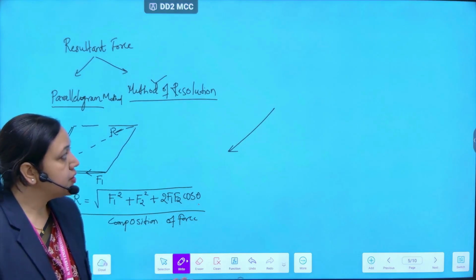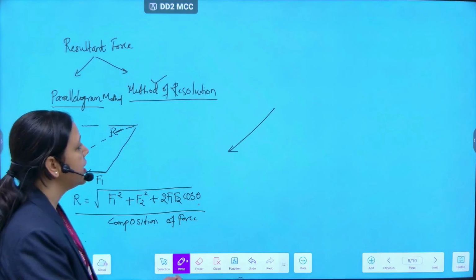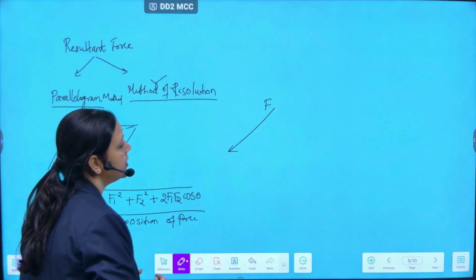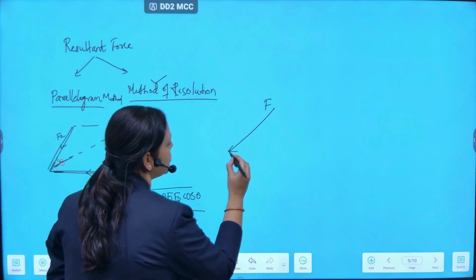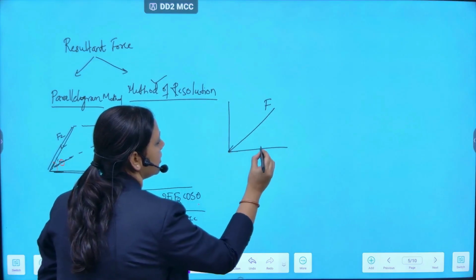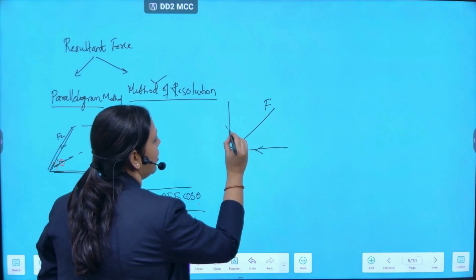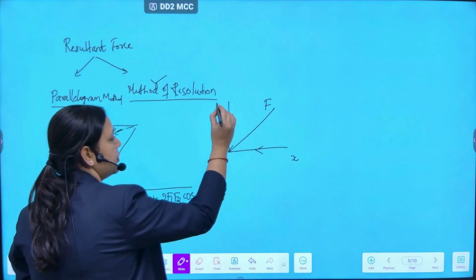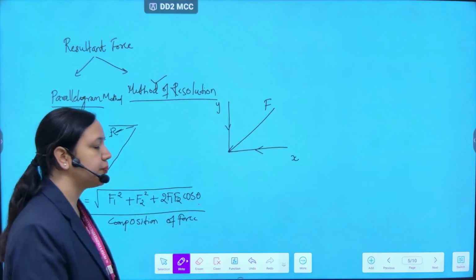So how do we resolve a force? Suppose this is a force F. Now this force F will be resolved into two components. One is along the x-axis, the other one is along the y-axis.